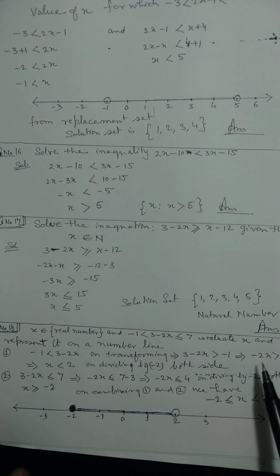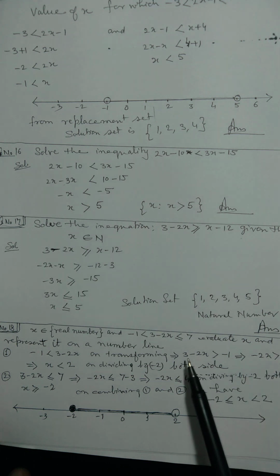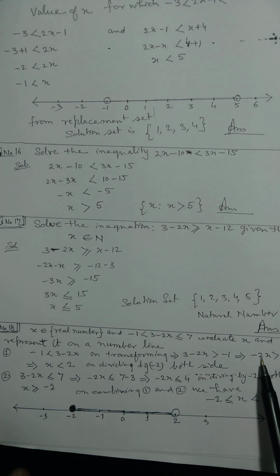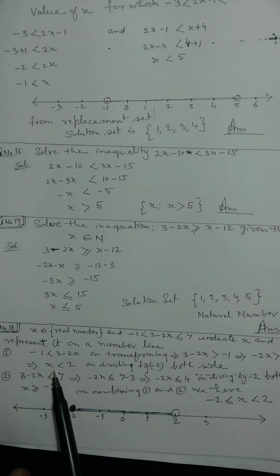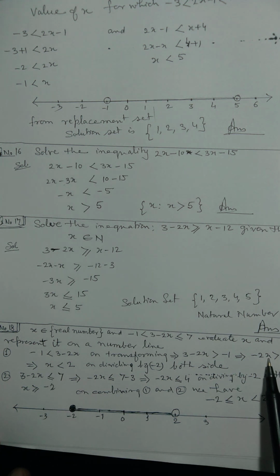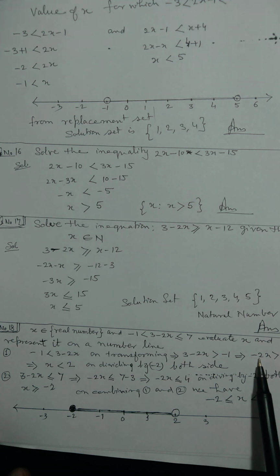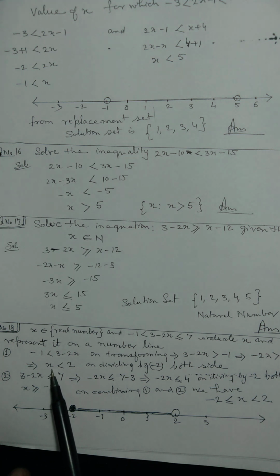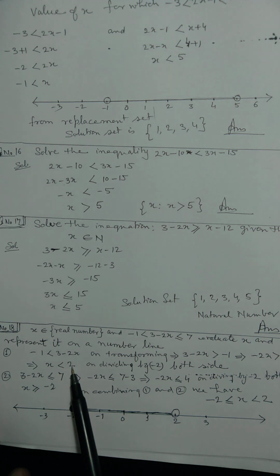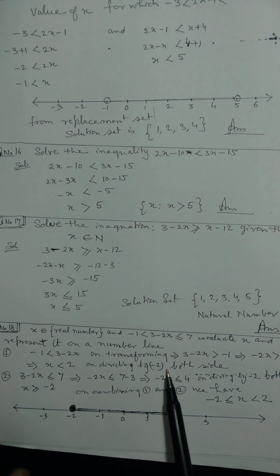This implies that 2x and 3 will go to this side. So minus 2x is greater than minus 4. Again, if we just divide it by minus 2 to both the sides, the sign of inequality will be changed. You see, x less than 2 on dividing by minus 2 both the sides.